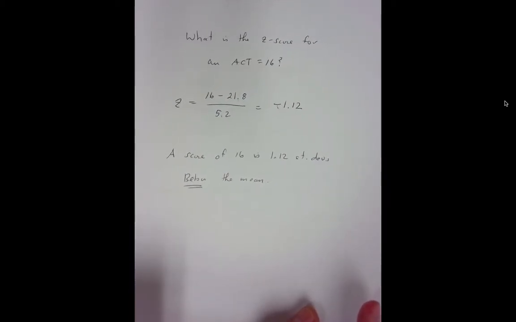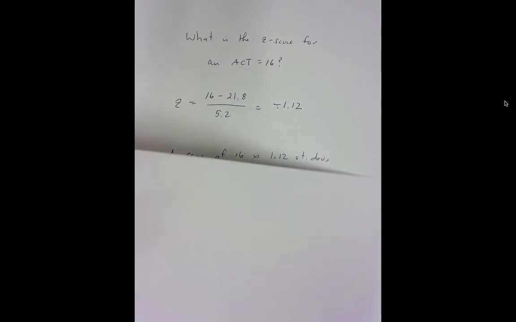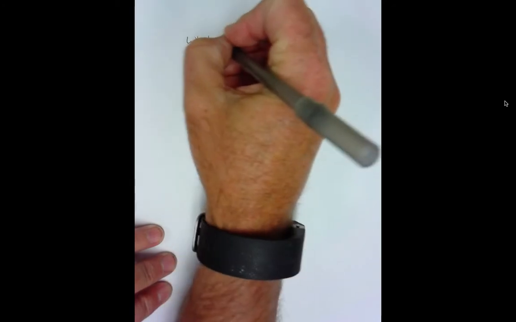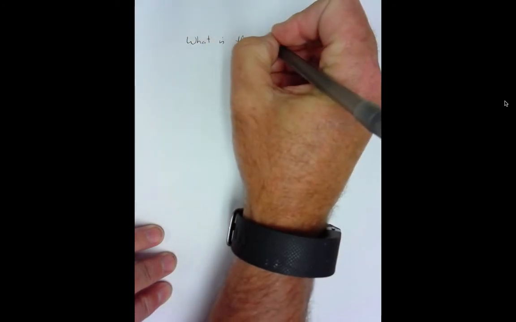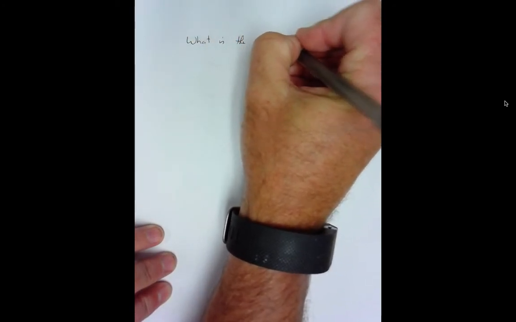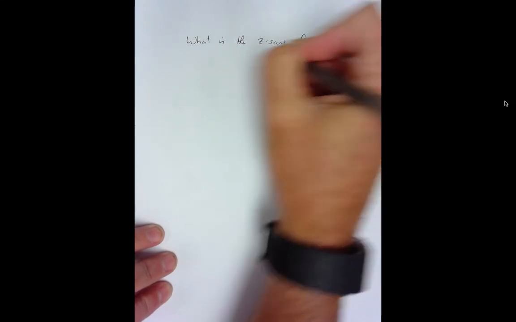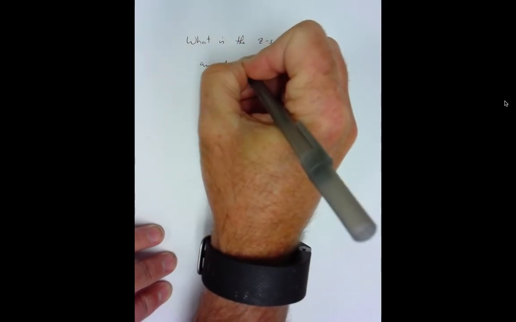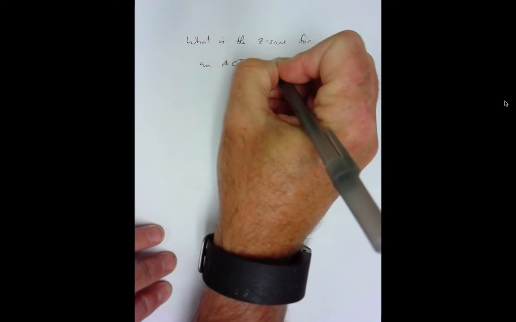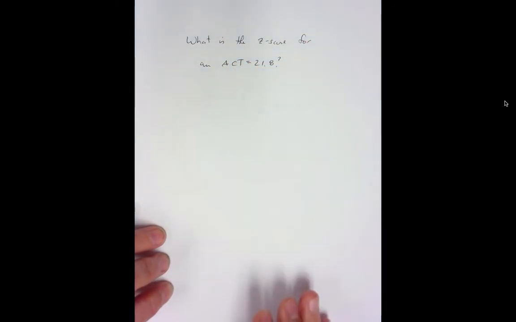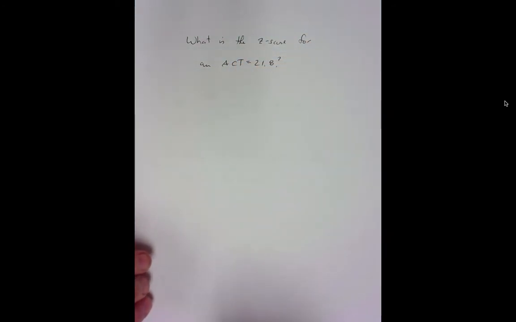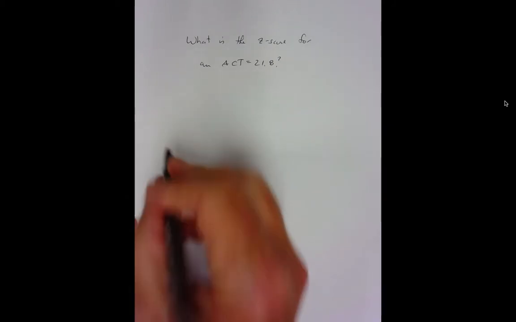What if a student has an ACT of 21.8? Now you might say, Dr. Darbro, you can't have an ACT of 21.8, they fall at 19, 20, 21. Let's just pretend, okay?